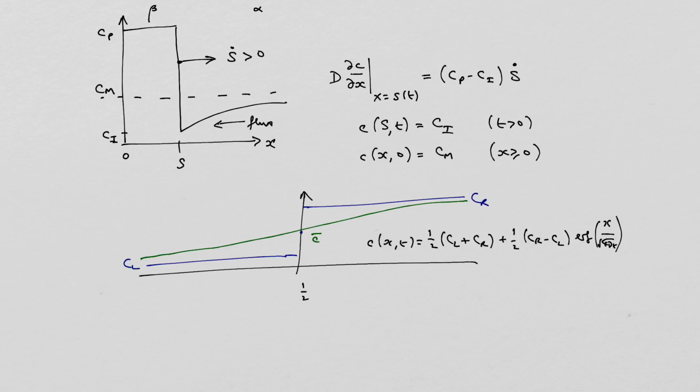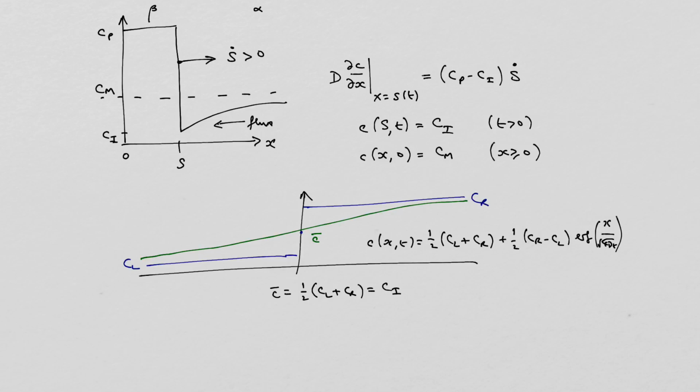So that would look like wanting the average concentration to be CI, and wanting the concentration, okay, we'll take CR. You can take CR or CL. Let's choose CR to be CM, just solve and you'll be able to find out what CL is.